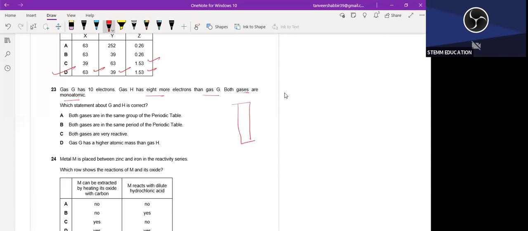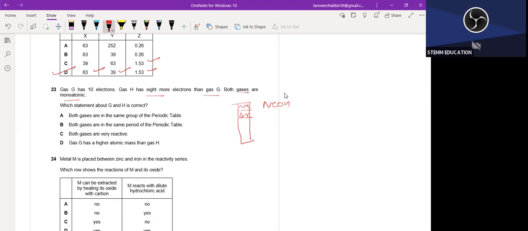If gas G has 10 electrons, it is neon, and 8 more electrons makes 18, which is argon.